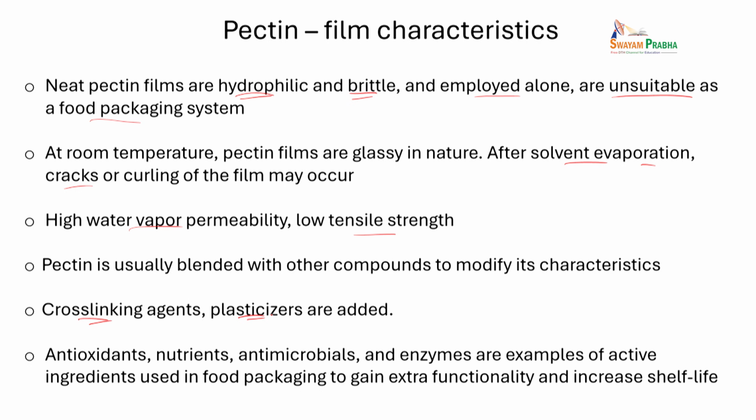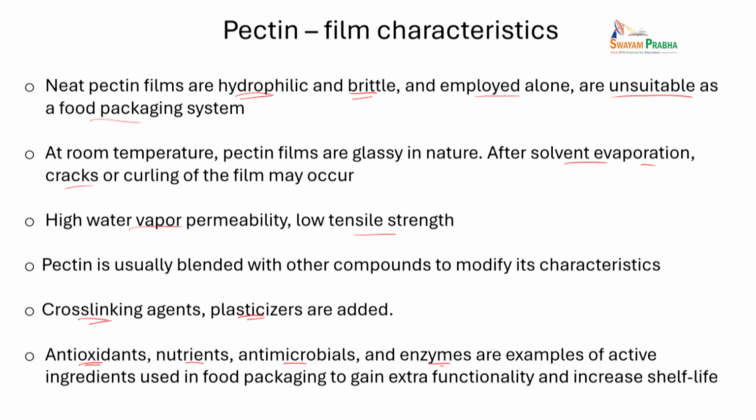We saw the use of plasticizers in starch and other materials, which make the chains a little more flexible, give more elongation, and avoid brittleness. These are typically added, and in addition, you can also add antioxidants, nutrients, antimicrobials, and sometimes enzymes, depending upon what functional role you want the film to play.